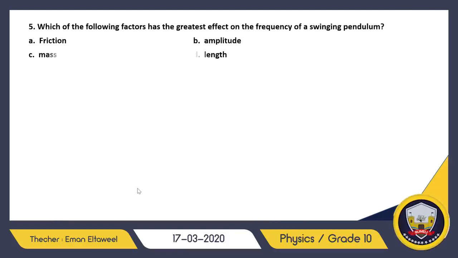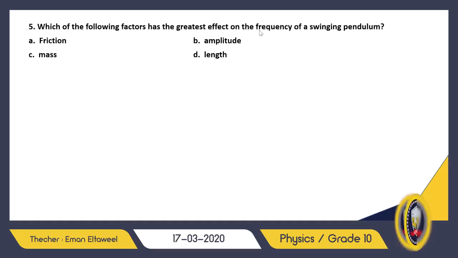Another question. Which of the following factors has the greatest effect on the frequency of a swinging pendulum? Friction, amplitude, mass, or length? What do you think? Friction actually has no relation to the frequency.